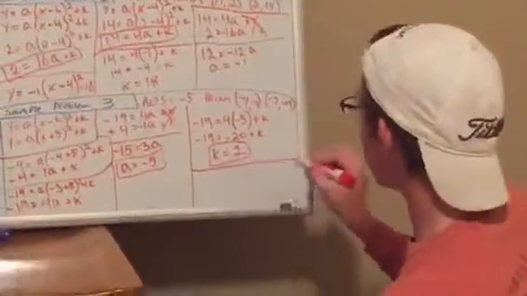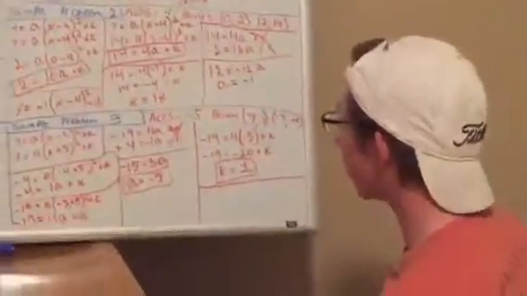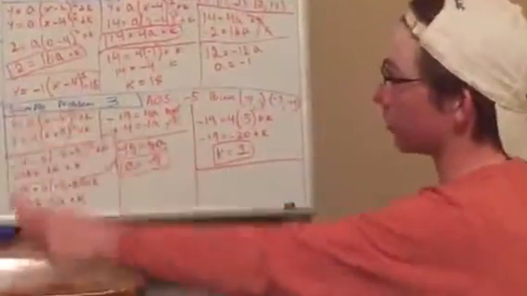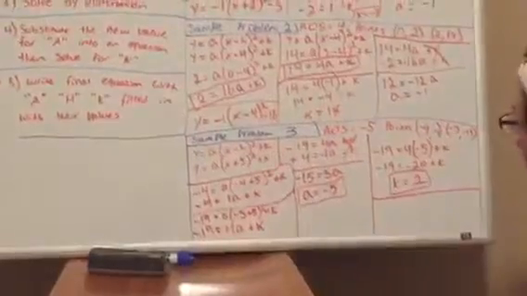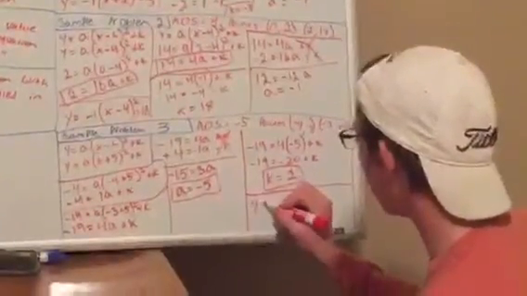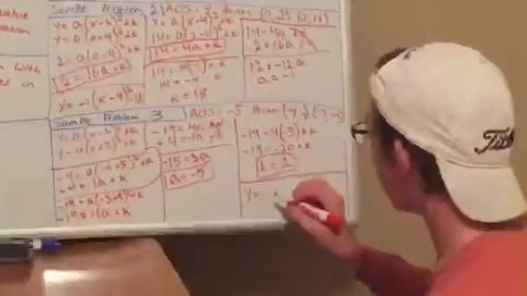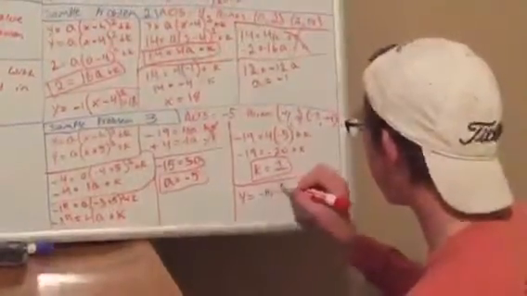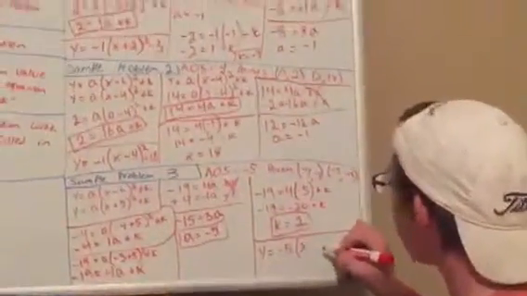Then let's look at plugging that into our final answer. Our final step is to write your final equation with the a's, the h's, and the k's filled in with their values. So y is equal to a, and we found that as negative 5. So negative 5 multiplied by x.